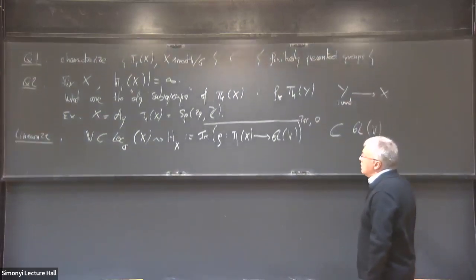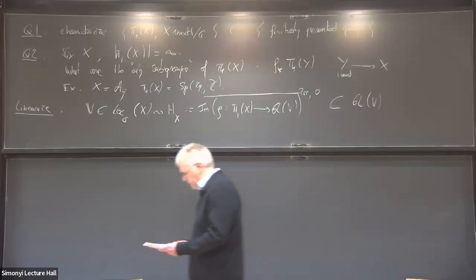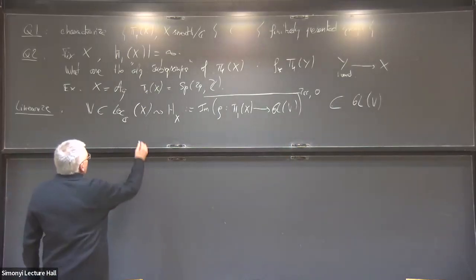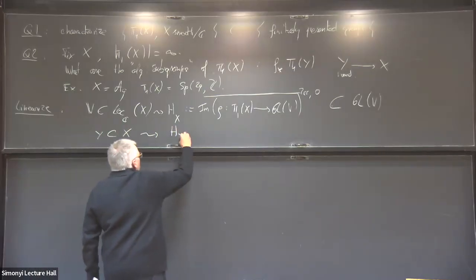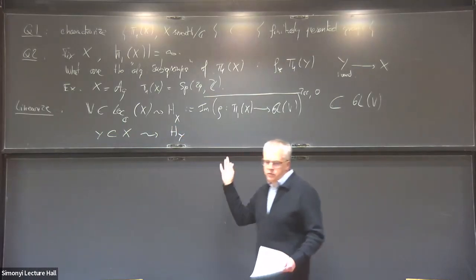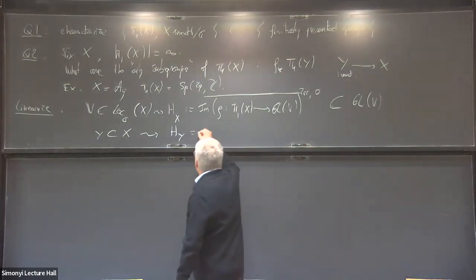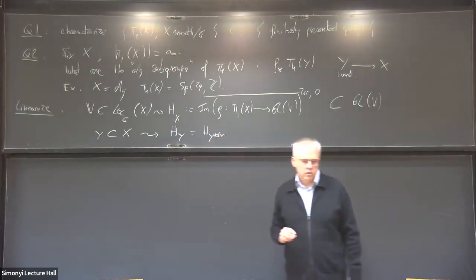So, what are these special loci I would be interested in? Well, the first remark is that each time I have Y inside X, then I can associate to it H_Y, which is the monodromy of the local system restricted to Y, or maybe actually to the normalization. It's better to work only with normal varieties when you talk about fundamental groups.